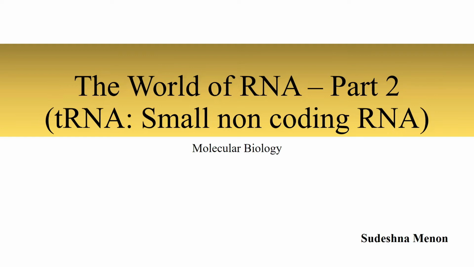Now, what is interesting to note is that more than 4,000 tRNAs have been sequenced and studied from 300 different organisms. And this number is only increasing as more and more sequencing of tRNAs is being carried out. With that, we get an understanding of the tRNA structure and its functions.